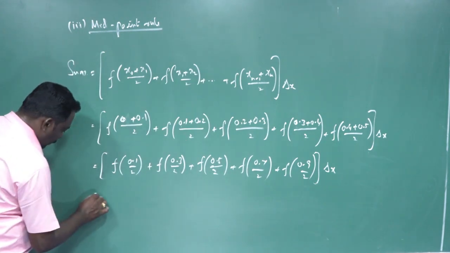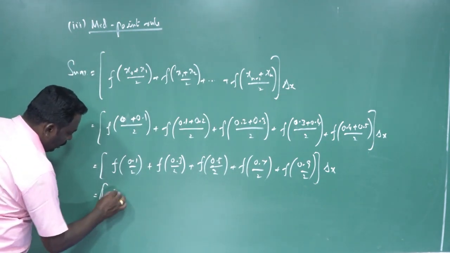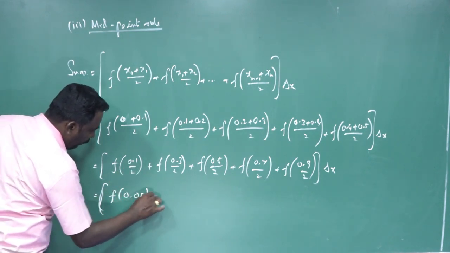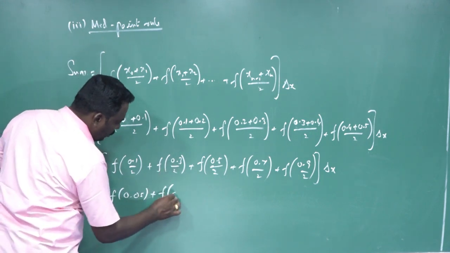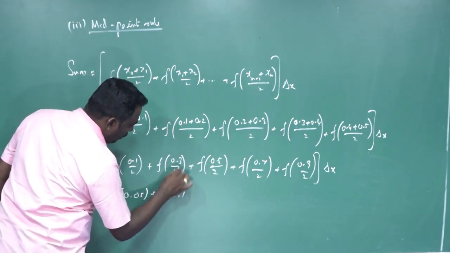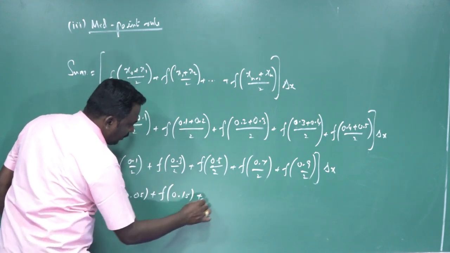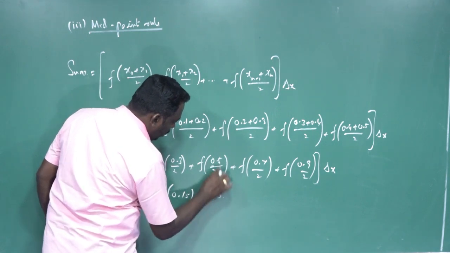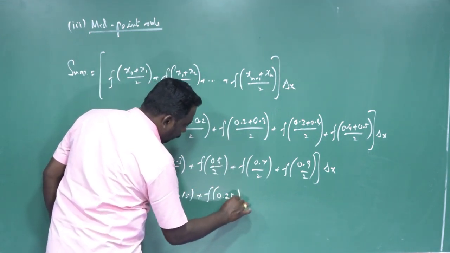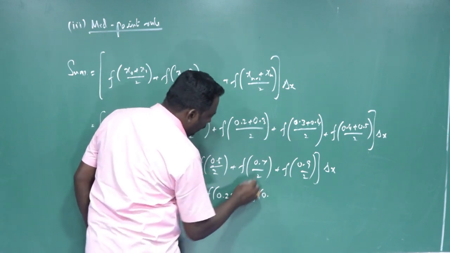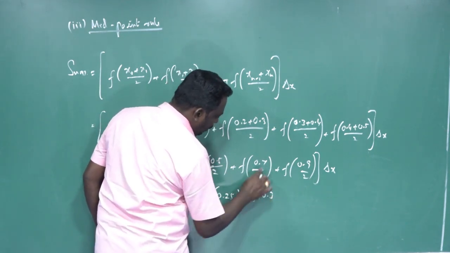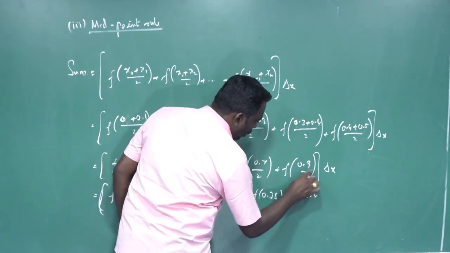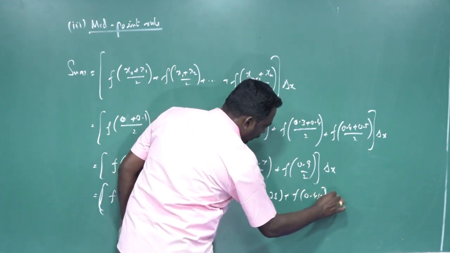The next one: f of 0.1 divided by 2 is 0.05, plus f of 0.15, plus f of 0.25, plus f of 0.35, plus f of 0.45, within the bracket, into dx.